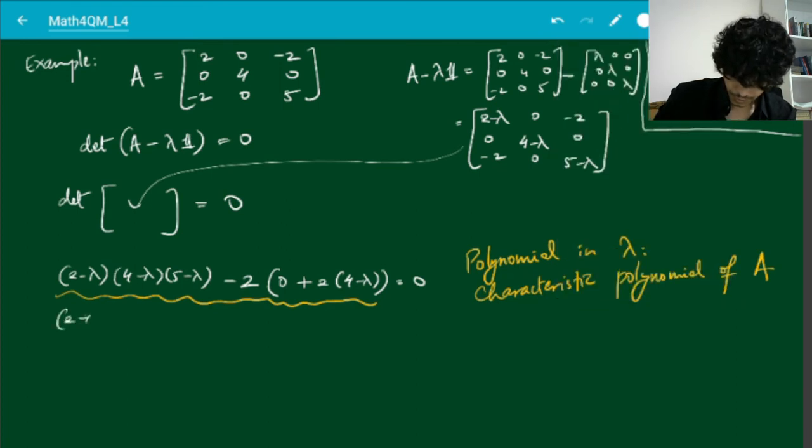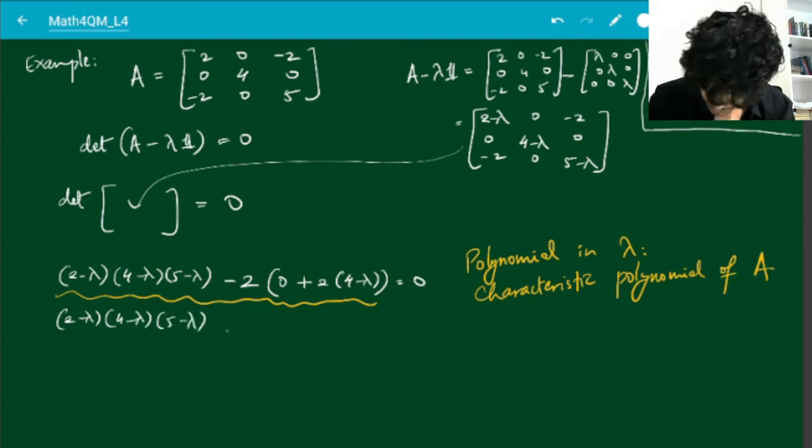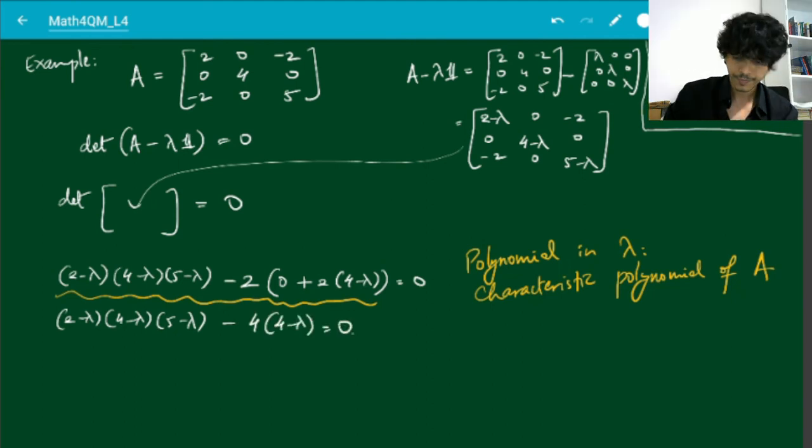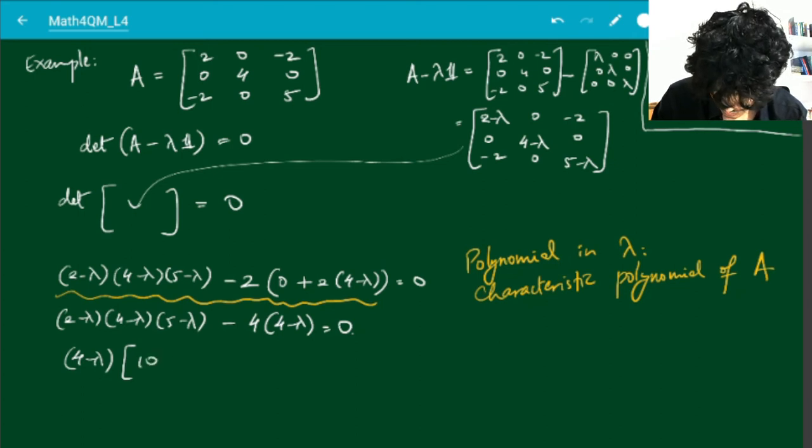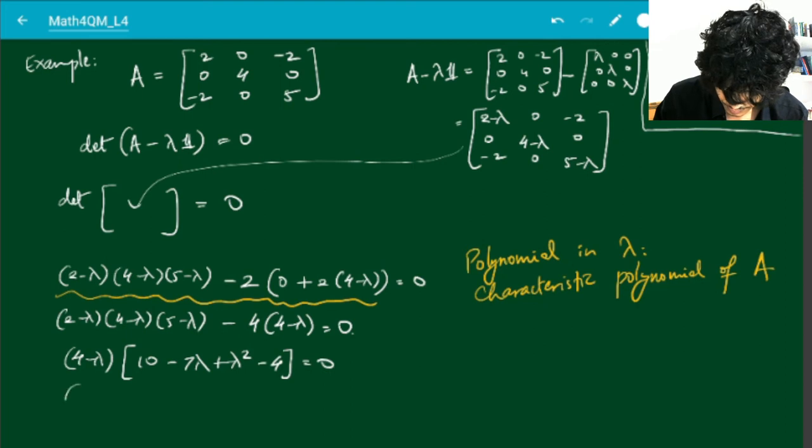So I can actually write this as 2 minus lambda, 4 minus lambda, 5 minus lambda, minus 4 times 4 minus lambda is equal to 0. So I can take 4 minus lambda common, and then inside the bracket I have 10 minus 5 minus 2 is minus 7 lambda plus lambda square minus 4 is equal to 0. So 4 minus lambda, 10 minus 4 is 6.